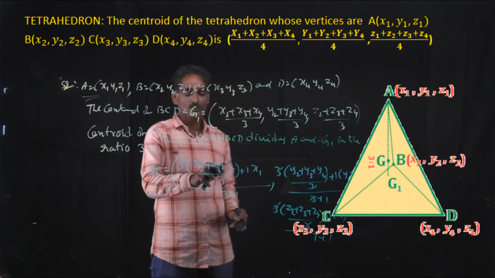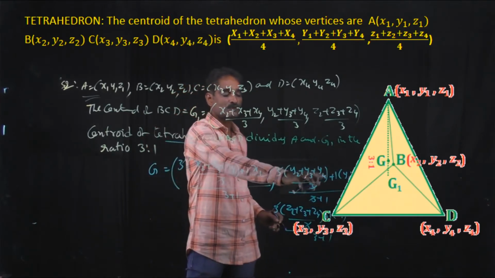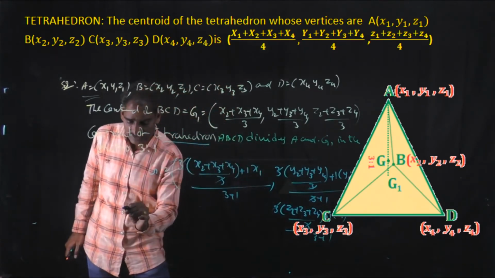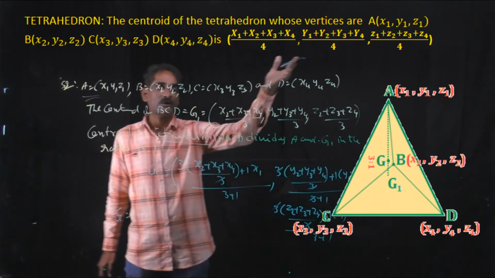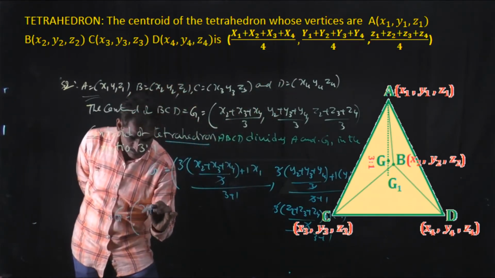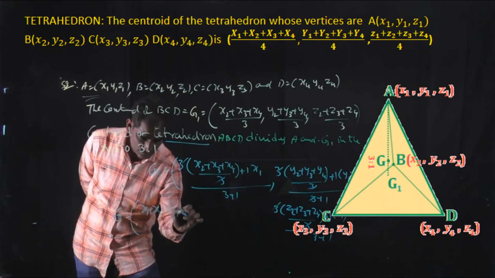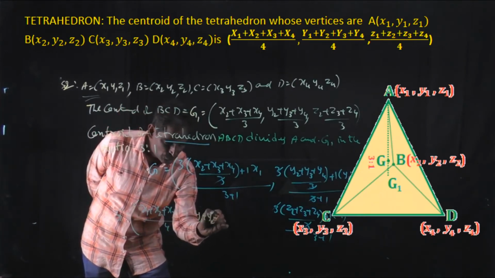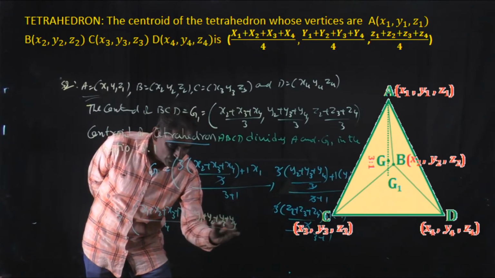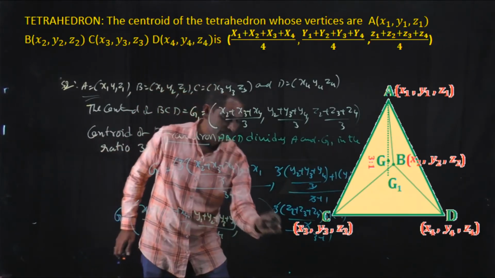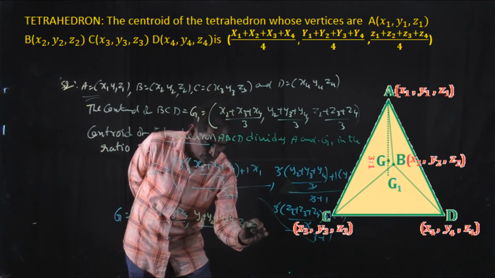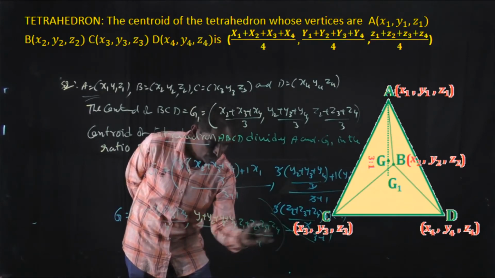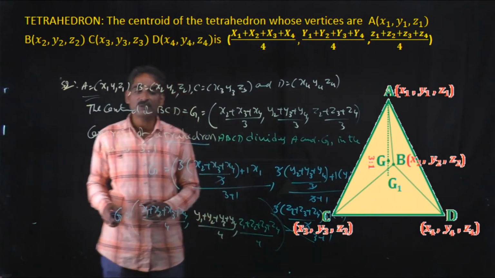Then we get (x1 + x2 + x3 + x4)/4, (y1 + y2 + y3 + y4)/4, (z1 + z2 + z3 + z4)/4. Therefore, the centroid of the tetrahedron G is equal to this formula: ((x1 + x2 + x3 + x4)/4, (y1 + y2 + y3 + y4)/4, (z1 + z2 + z3 + z4)/4). These are the coordinates of the centroid of the tetrahedron.